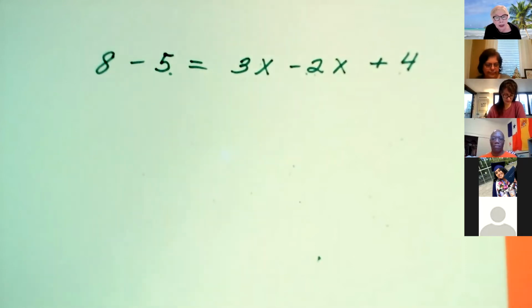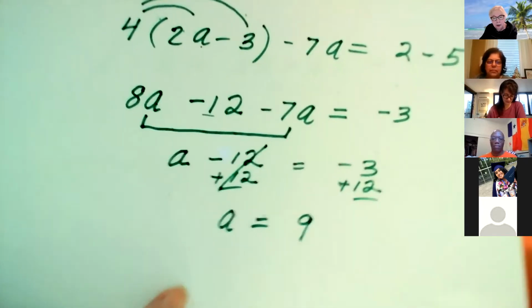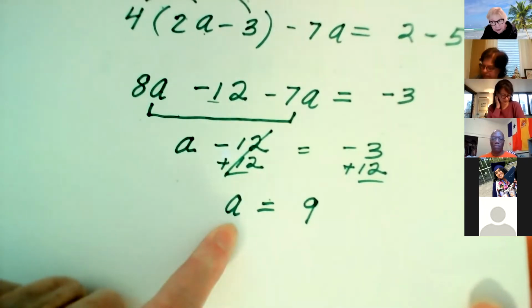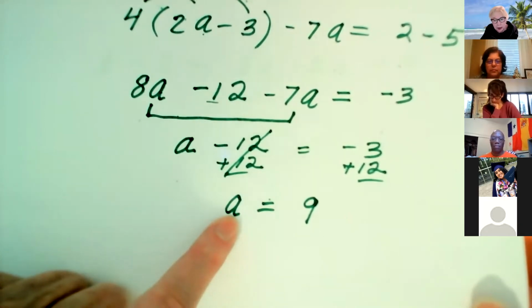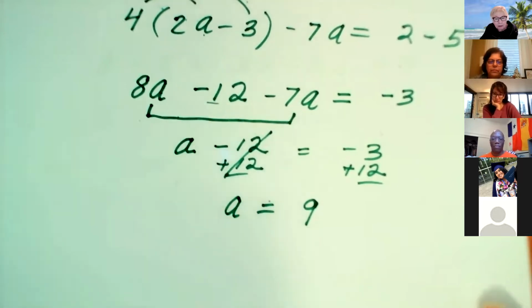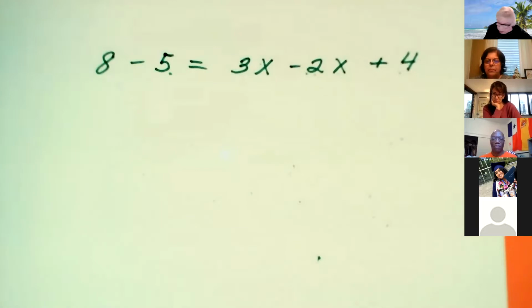And so it depends on when you were in school and when they tried to teach this to you. But at one point in time, they always loved the variable to be on the left. And so people were taught the X or the A or whatever it is needs to be on the left side. But the truth of the matter, it doesn't.